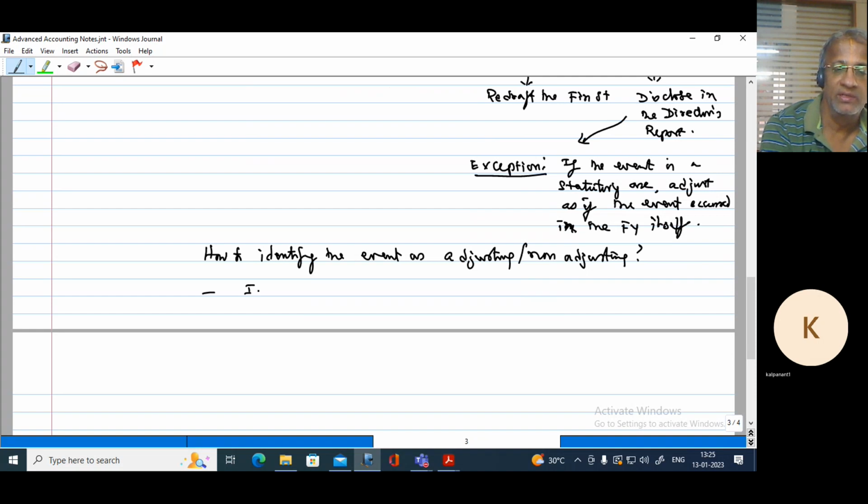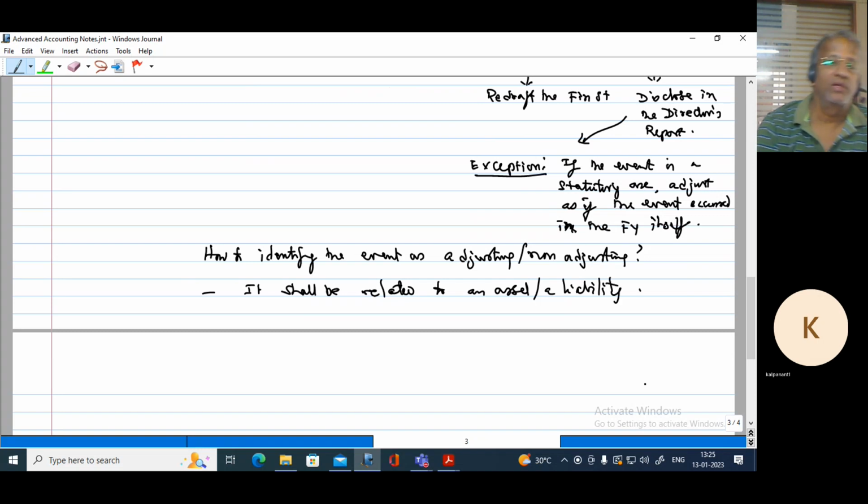Firstly, it shall be related to an asset or a liability. Events occurring after the balance sheet date should relate to balance sheet items only.